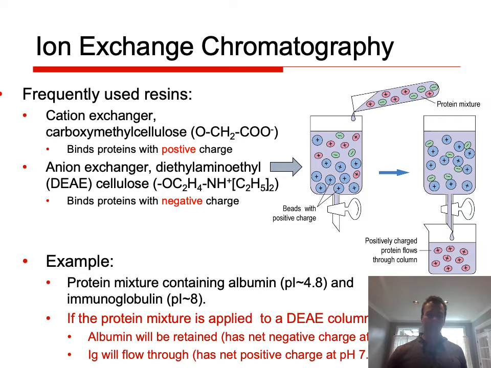So here's an example. If you have a protein mixture that contains albumin, which has a pI of around 4.8, and immunoglobulin, which has a pI of around 8, and this protein mixture were applied to an anion exchanger at pH 7.5, albumin is going to be retained because it has a net negative charge at pH 7.5, whereas IgG will flow through because it has a net positive charge at 7.5.